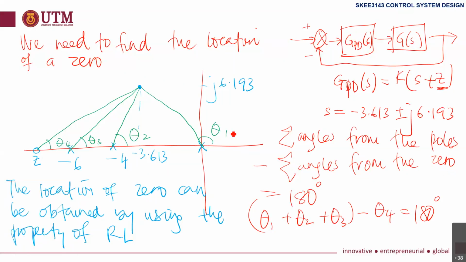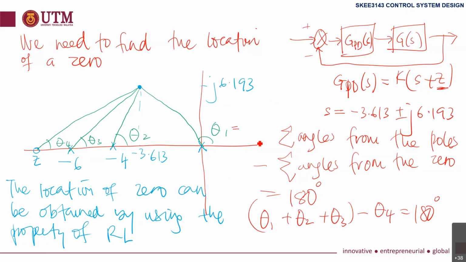So what is the value for theta 1? Anyone can calculate? Value for theta 1. We know 6.193 here. This is 3.613.